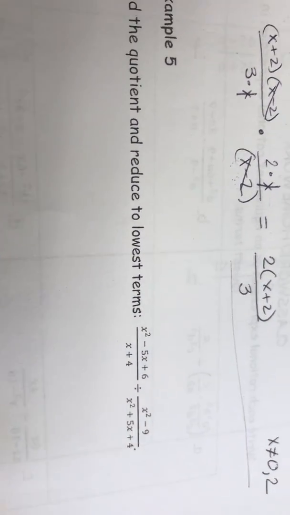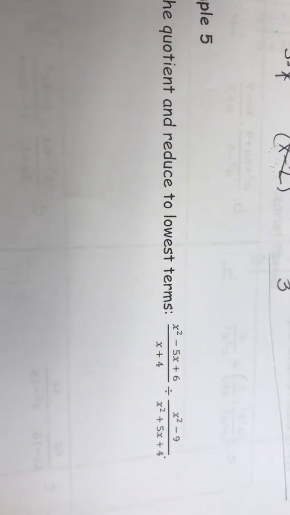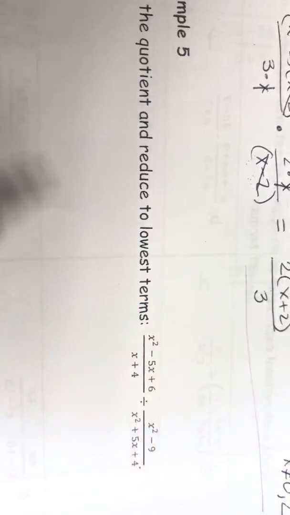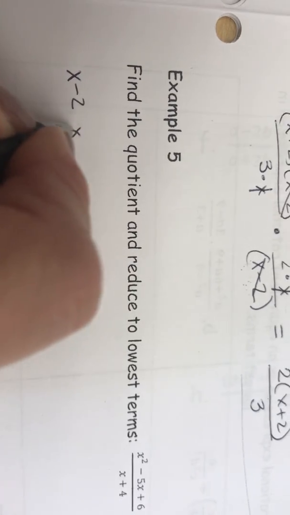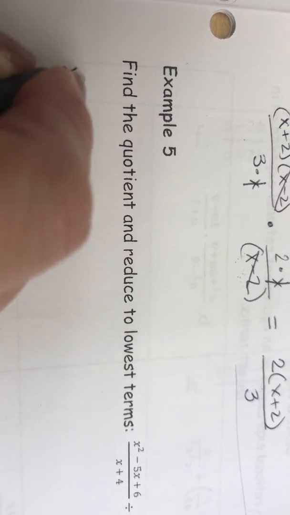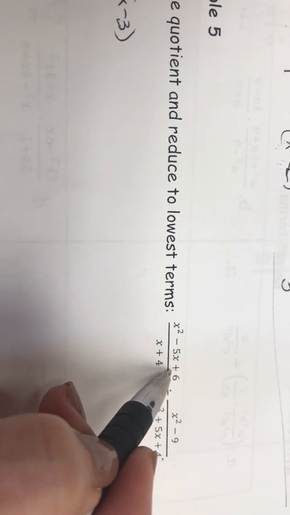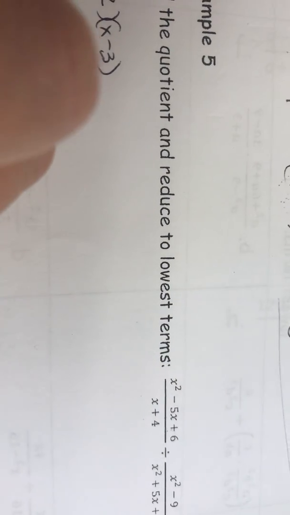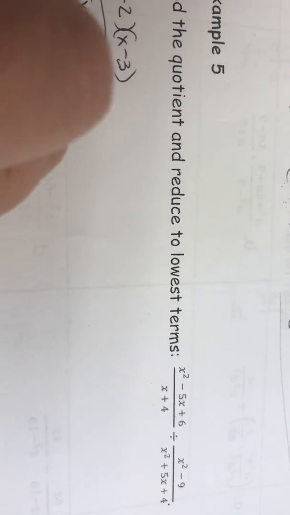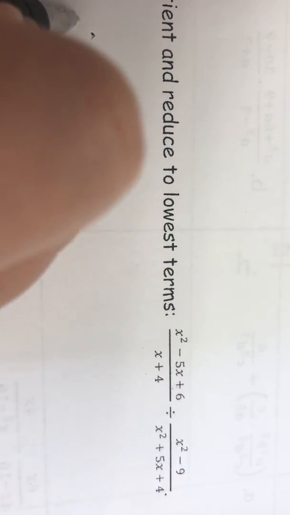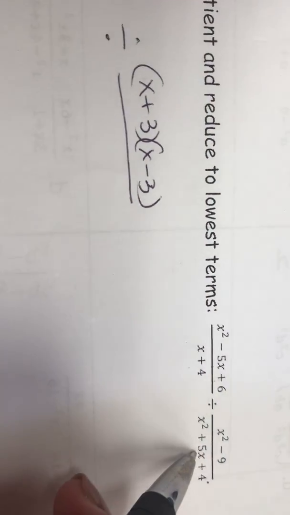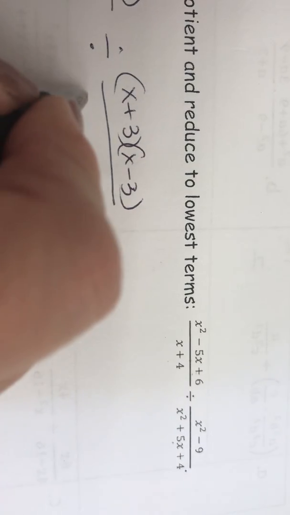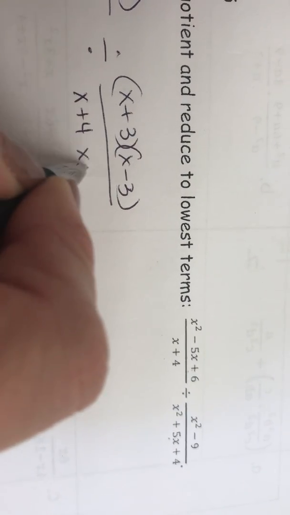Okay? All right, so last one, quotient and reduce. So again, I'm going to factor everything. x minus 2, x minus 3 for this numerator. Then I have the denominator, I'm going to lock it in, divided by, factor my numerator, x minus 3 and x plus 3, factor my denominator, x plus 4, x plus 1.